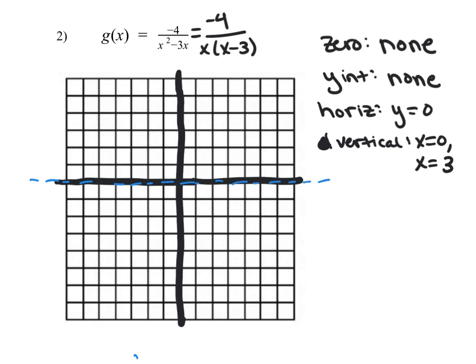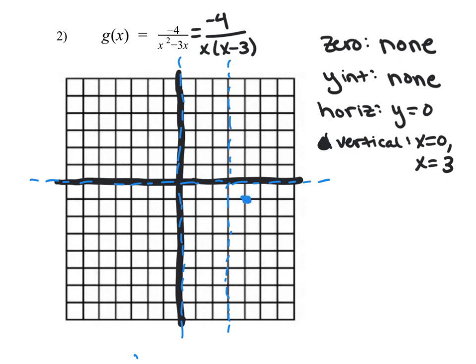And our vertical asymptotes are at x equals 0 and x equals 3. If we pick points, say we pick an x value of 4, then we'll get negative 4 over 4 times 1, so negative 4 over 4, also known as negative 1.